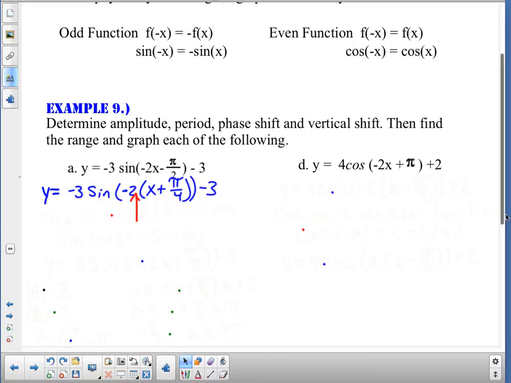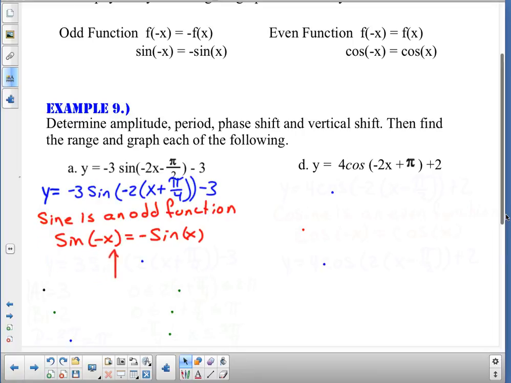Now I've got a negative b, and we just learned that when we have a negative b, we can pass that negative to the amplitude term. The a term has that -3. Since it is a sine, and sine is an odd function, I can rewrite this as this.